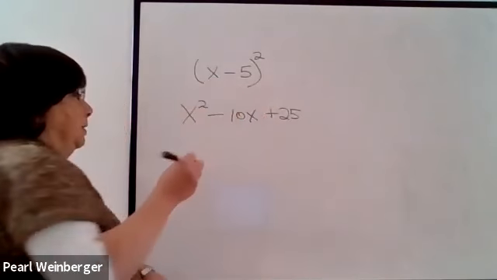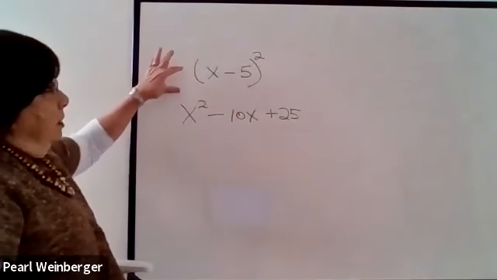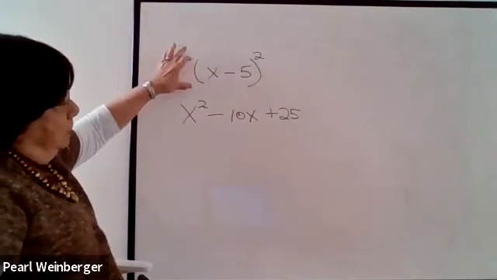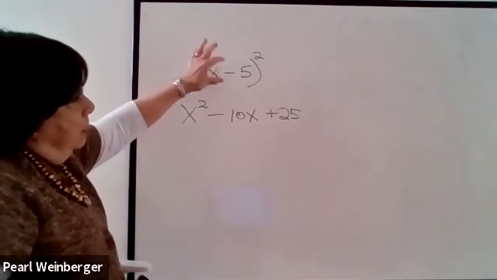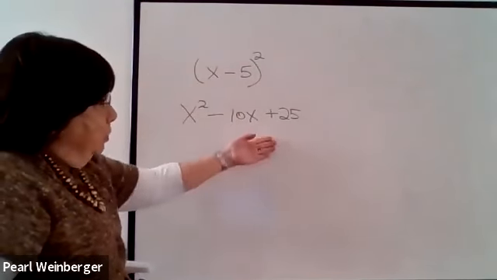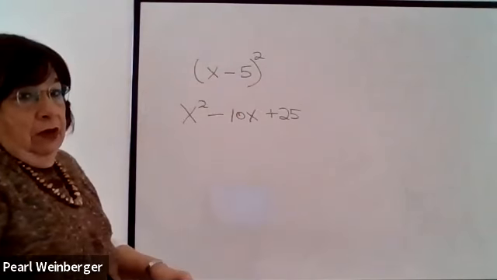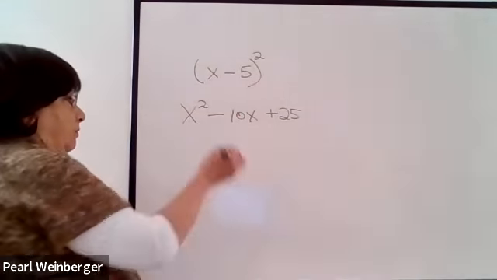Double means multiplied by 2. You can prove it to yourself by actually multiplying x minus 5 times x minus 5. You will get x squared minus 10x plus 25.